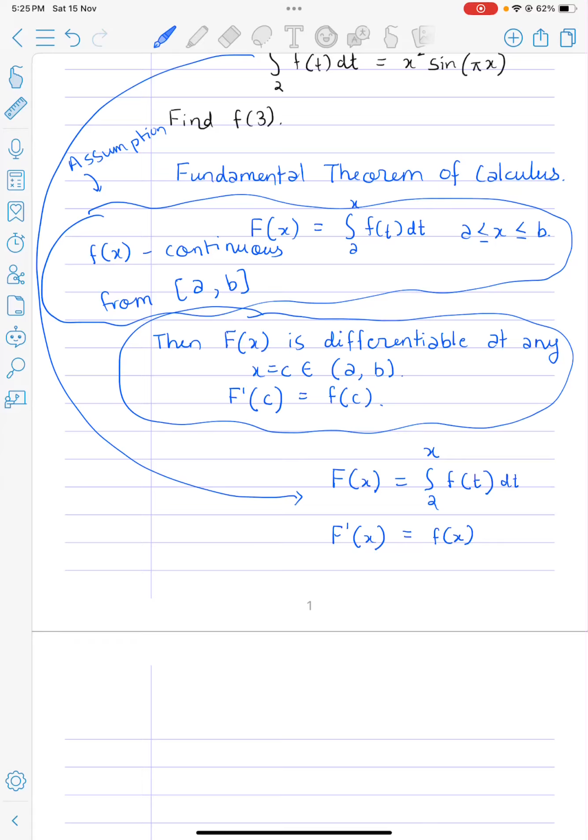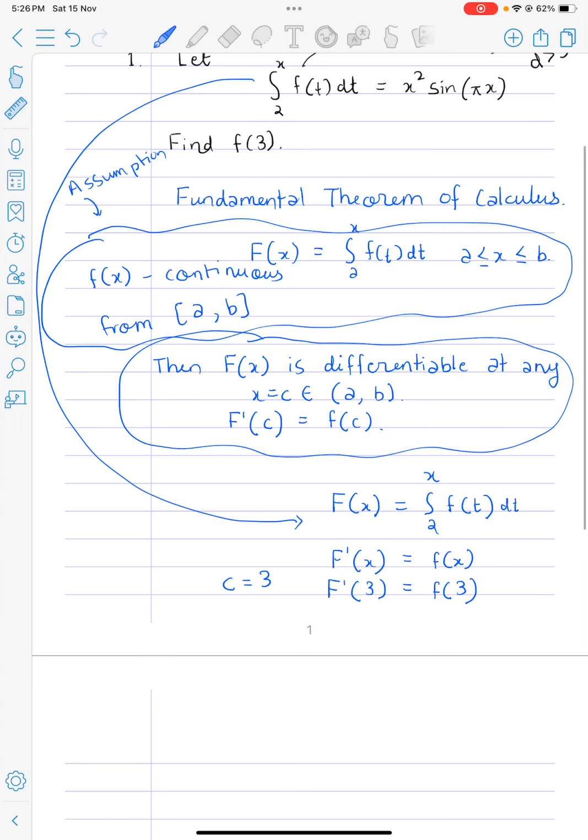In fact, let's take x equal to 3, then this will give me F dash 3 is equal to f(3). So that's what I'm going to use.